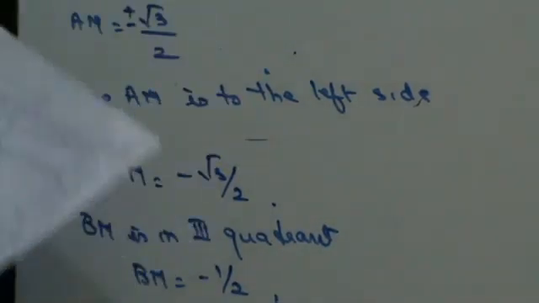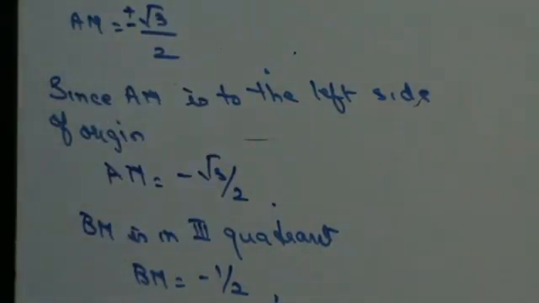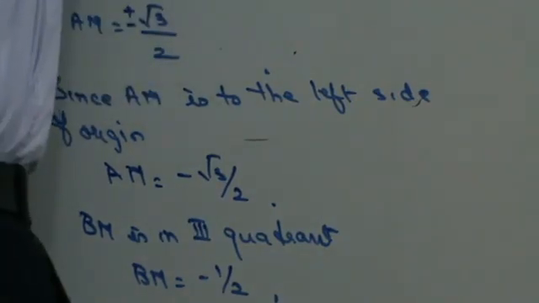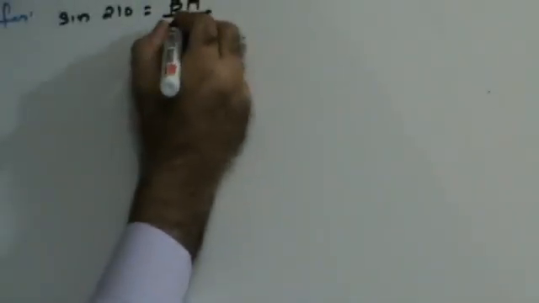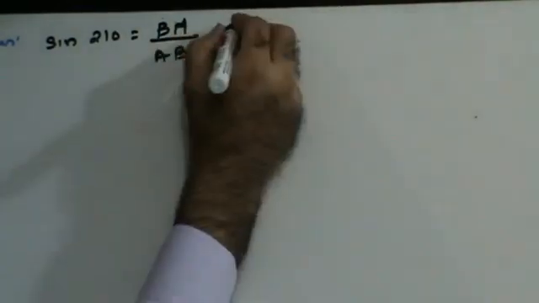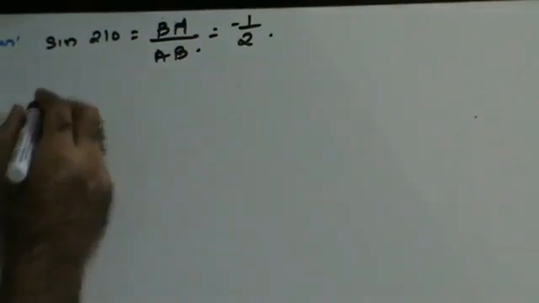I can say that sine 210. Sine is nothing but opposite upon hypotenuse. Opposite is nothing but BM upon hypotenuse, AB. So sine 210, BM we found out is nothing but minus 1 by 2, AB is 1.